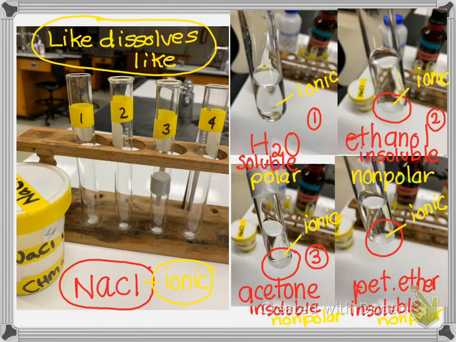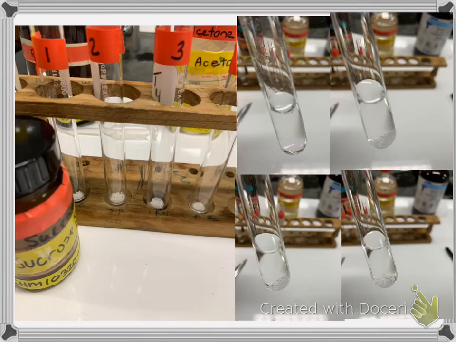So let's take a look at the next one and see if we can reinforce this idea. It's not an easy idea, so don't worry if you feel a little confused. So the second one, let's look at this one. You can see here, sucrose. So that is the solute. Okay, that's what I dissolved.